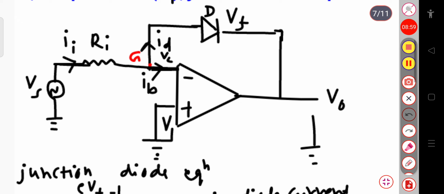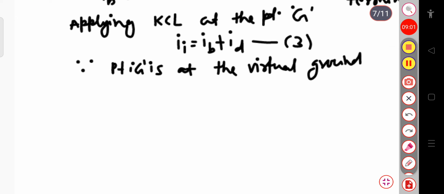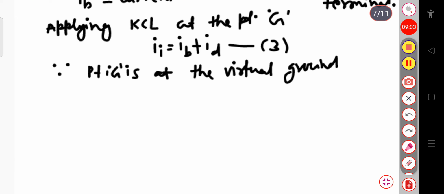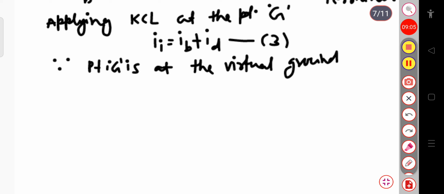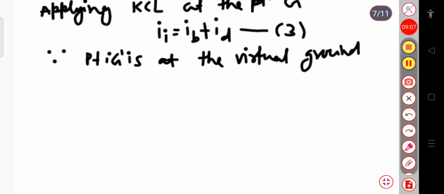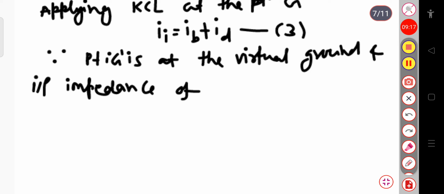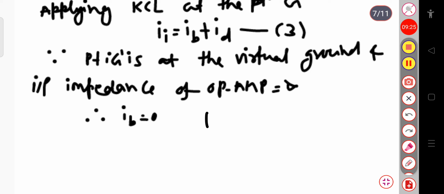Now let us write. Here the point G is at the virtual ground, and since the input impedance of the op-amp is infinite, therefore we can write IB equal to 0 and V1 equal to V2 equal to 0.